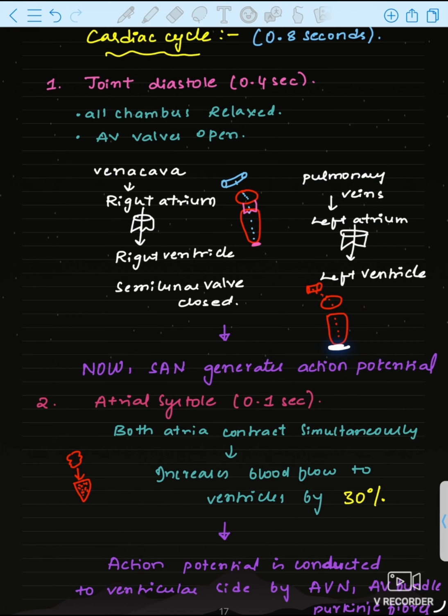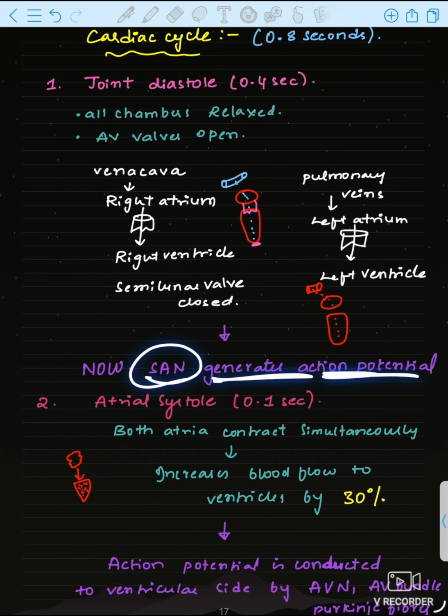But it can't go further because the semilunar valve is closed. This is the condition of joint diastole. All the chambers are relaxed and blood flows until the ventricle.